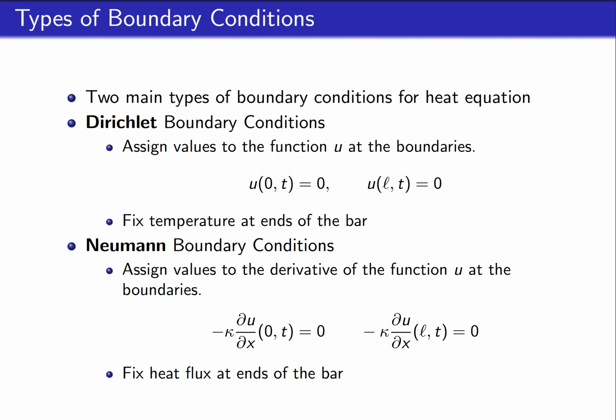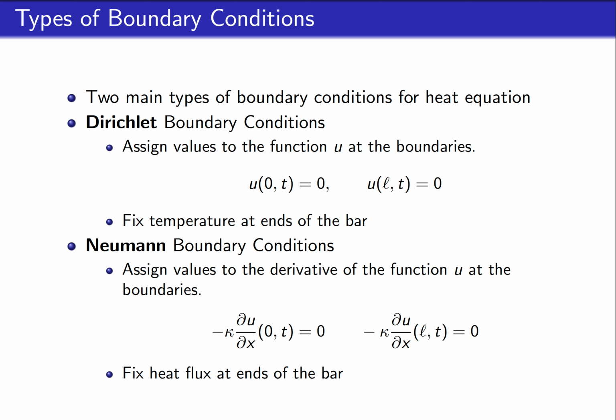There are two main types of boundary conditions. There are actually quite a few more, but these two are the ones that are most often used, and certainly the ones that we are really going to see in this class. First, we have what are called Dirichlet boundary conditions. Mathematically, this is where the value of the function is assigned at each boundary.